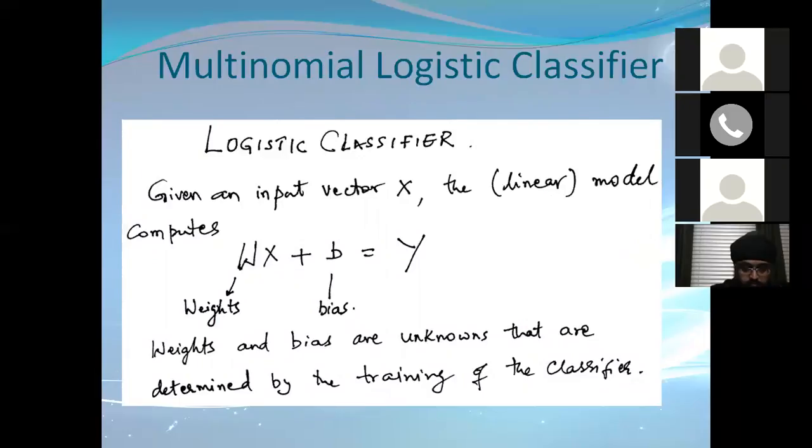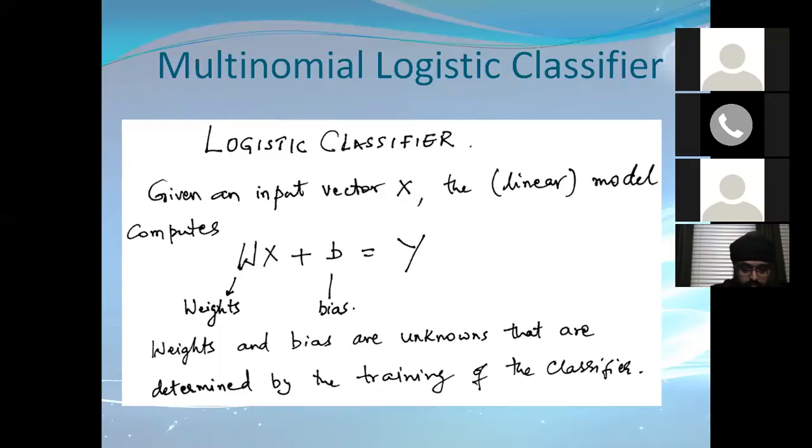Now, a logistic classifier basically does something like this. Given your input vector, which is x, in the case of the digit recognizer, your x is the 784 pixel image, which is 784 integers ranging from 0 to 255.